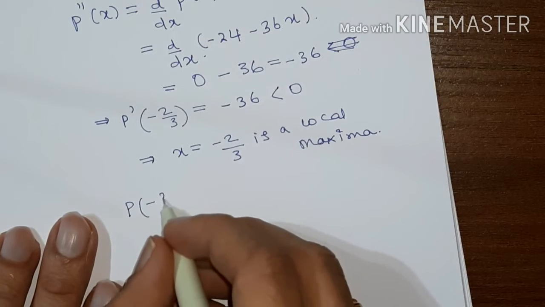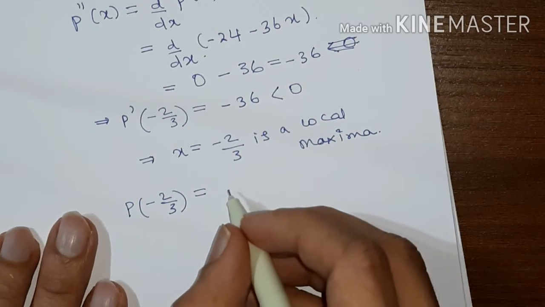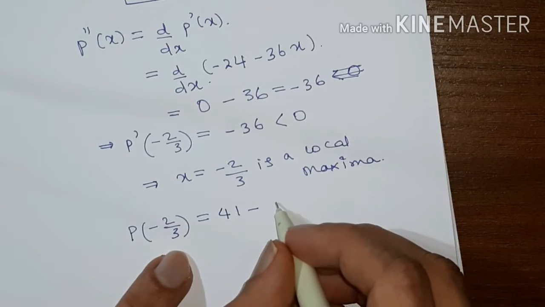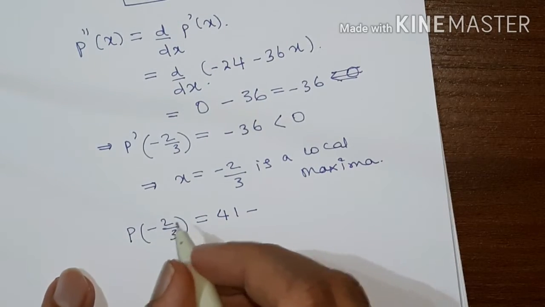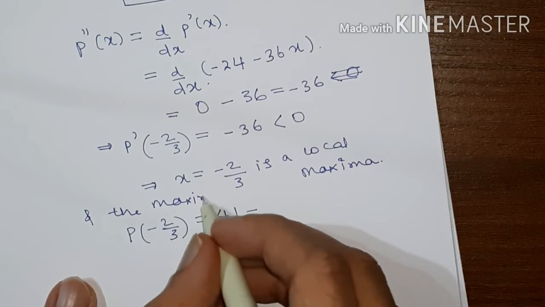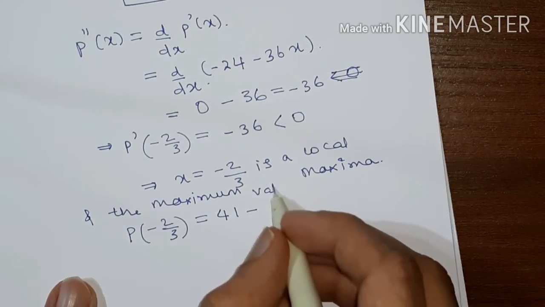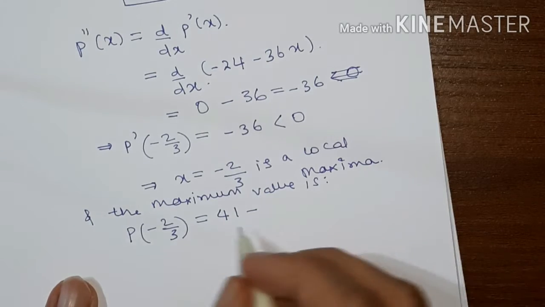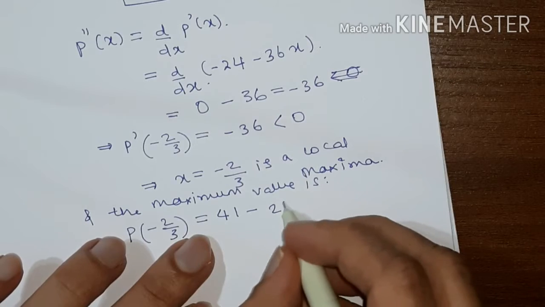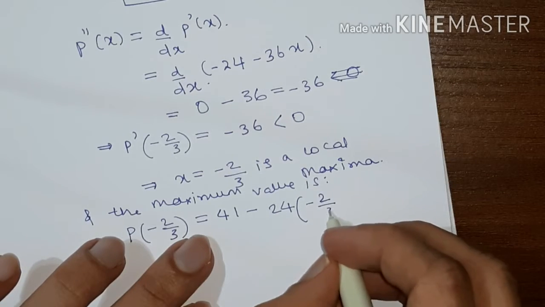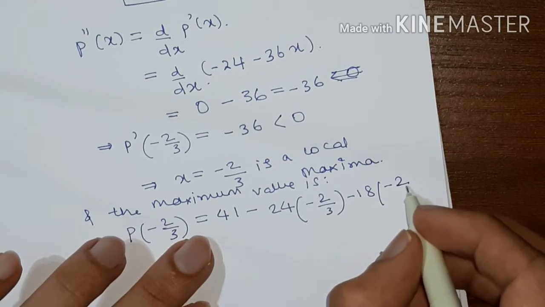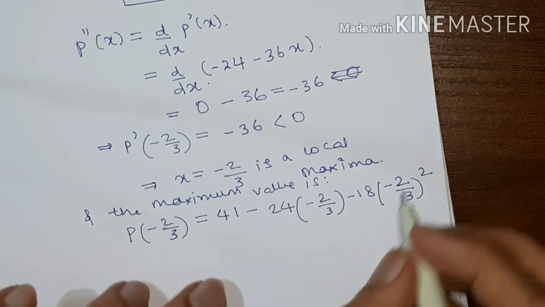So the maximum value is p of minus 2 by 3, which is equal to 41 minus 24 multiplied by minus 2 by 3 minus 18 multiplied by minus 2 by 3 the whole square.